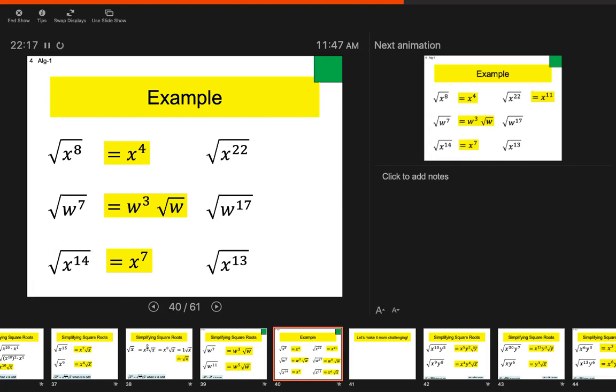Haley, upper right. Tell me what to do now. Now I'm not going to say anything except what the answer is. That's even, and that would be x to the 11th. You got it. Piper, next one, odd or even? Odd. Okay, so tell me the rule.